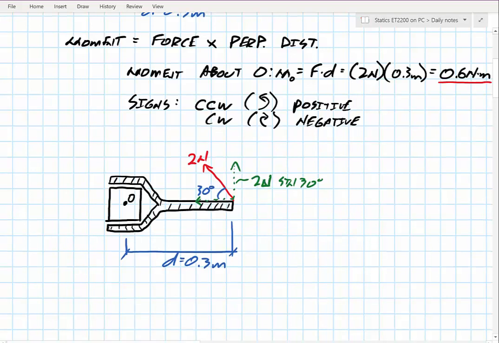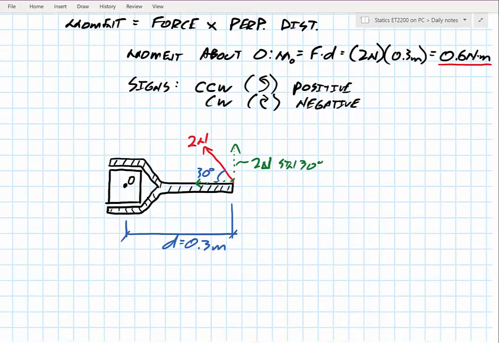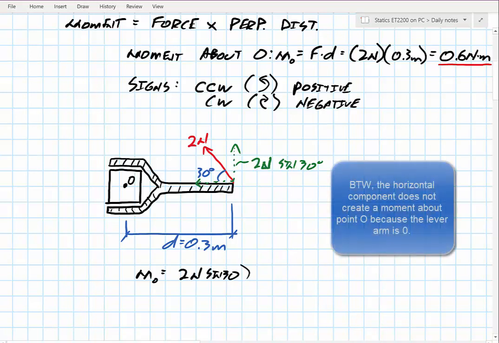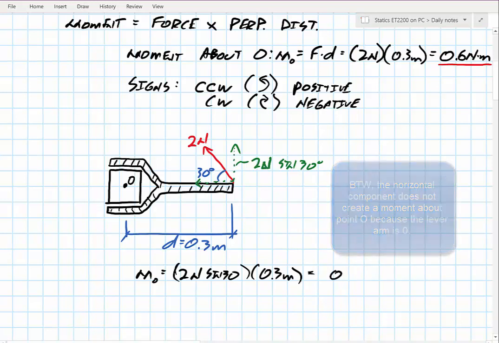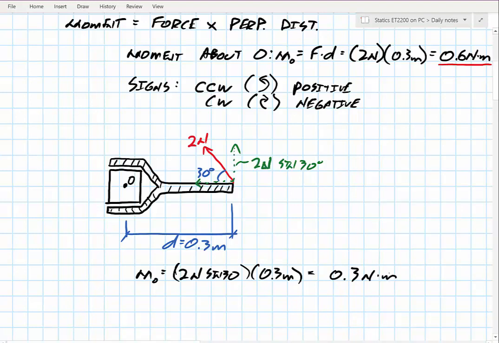Then for my moment about point O, it would become 2 newtons sine 30 for that vertical force times this 0.3 meters, and that gives me something like 0.3 Newton meters.